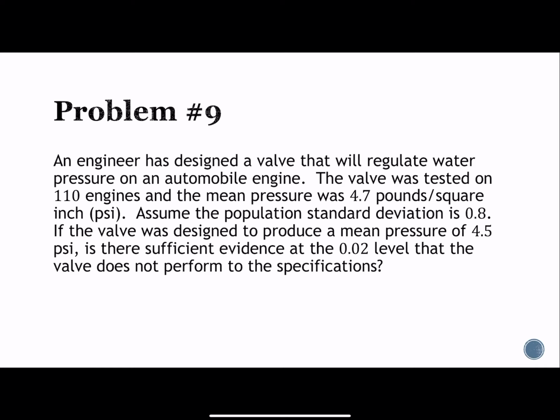If the valve was designed to produce a mean pressure of 4 5/10 psi, is there sufficient evidence, at the 0.02 level of significance, that the valve does not perform to the specification? So this, ladies and gentlemen, is a hypothesis test with means, because we've got the word mean pressure in there. So this would be section 10.2, and you'd follow all of your steps for the hypothesis test.